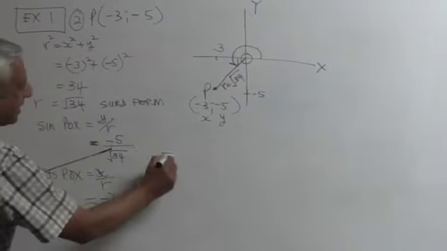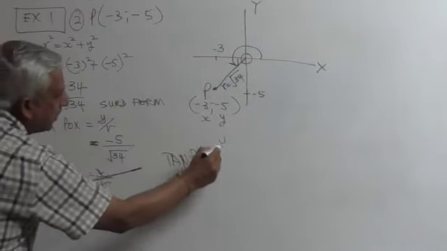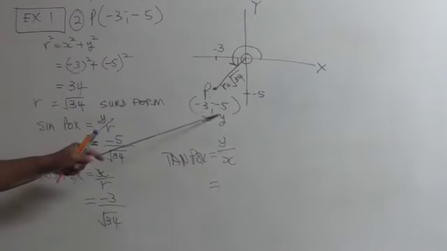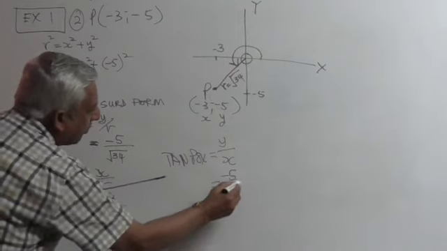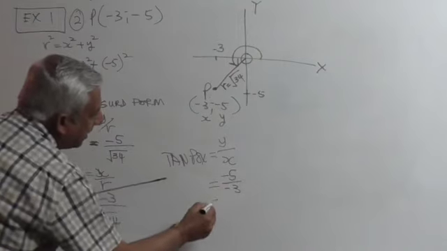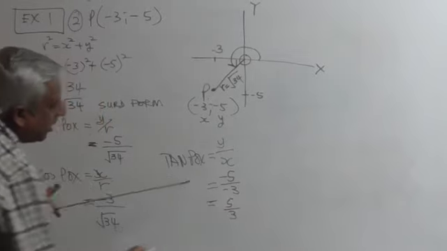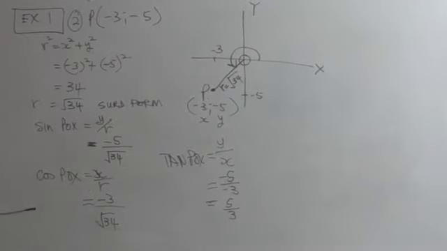And then you want tan POX, which is y over x. That gives you negative 5 over negative 3, which becomes 5 over 3, because a negative divided by a negative gives you a positive.